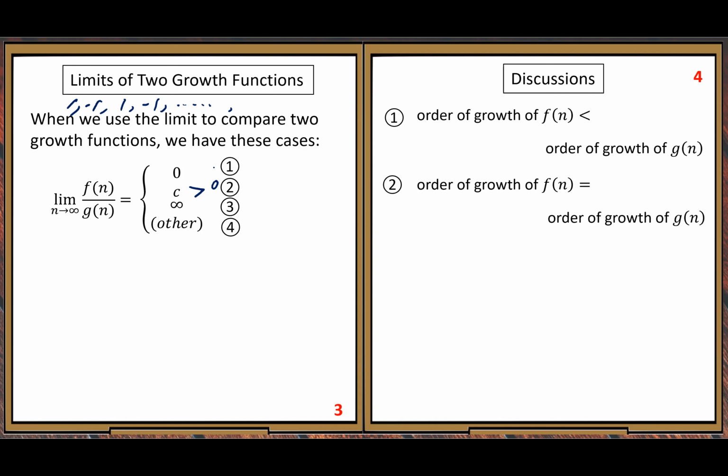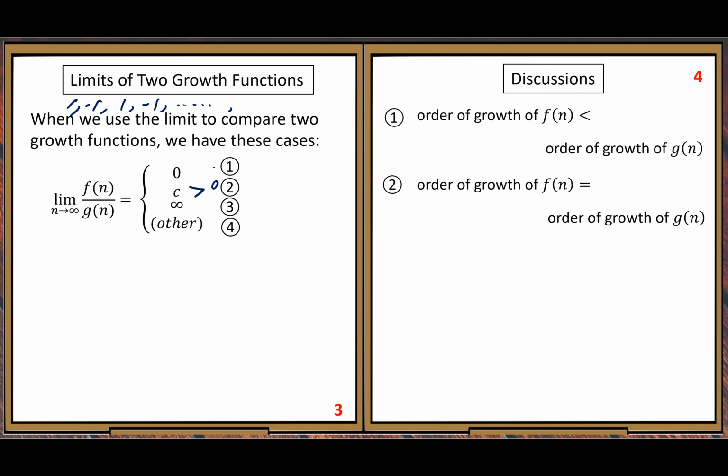The reason is very simple: efficiency is the number of basic operations. f of n and g of n represent the number of basic operations. How can you make that negative? In general math, c could be negative, but in our algorithm context that's not meaningful. So here I put greater than 0, a positive constant.